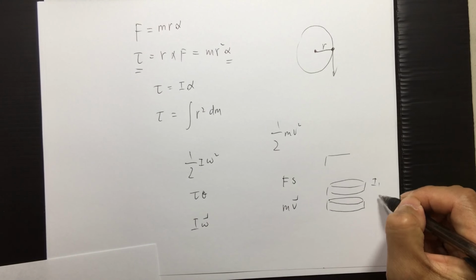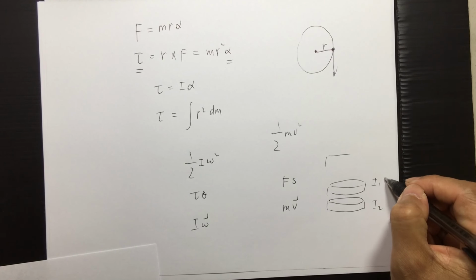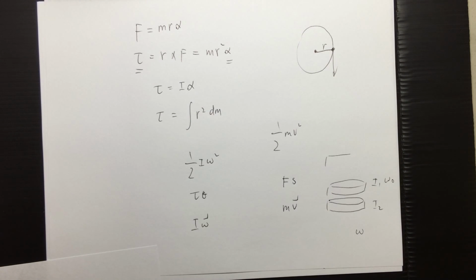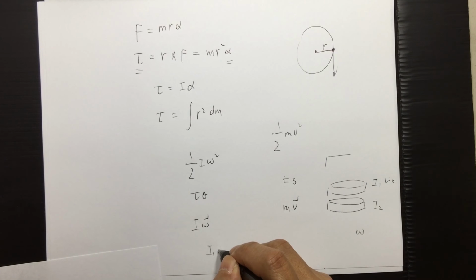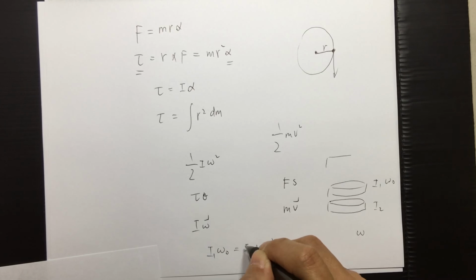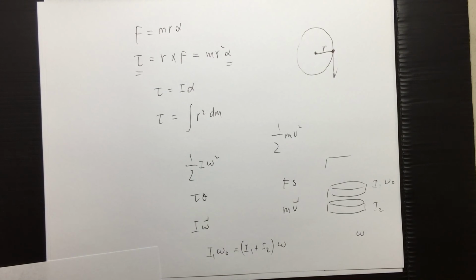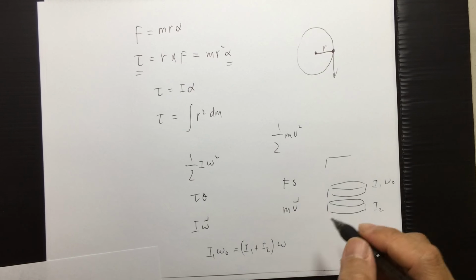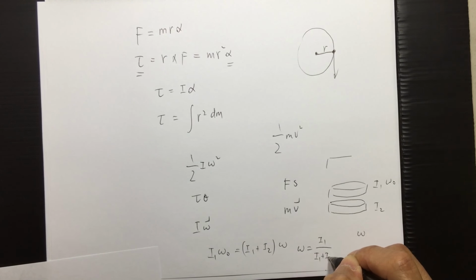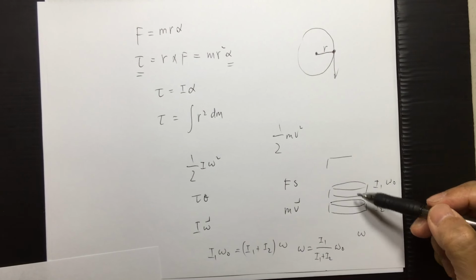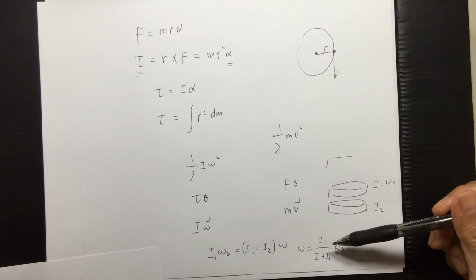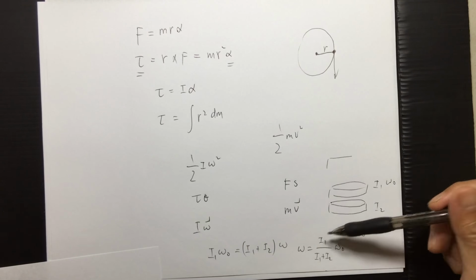Let's call this I1, this I2. This is omega 0, and then at the end it is omega. So you have I1 omega 0 equals I1 plus I2 times omega. At the end, omega equals I1 over I1 plus I2 times omega 0. So when this thing falls onto this and they start to rotate together, the angular velocity moves from this one to this one.